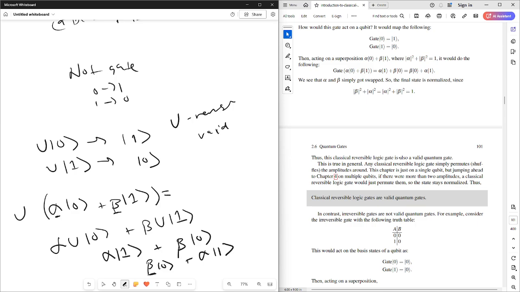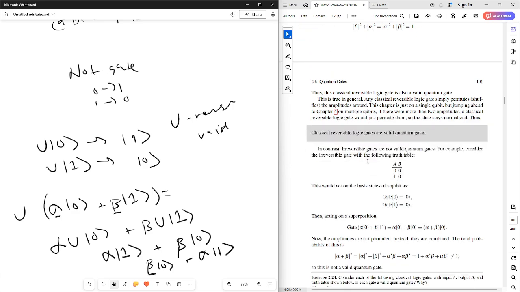So classic reversible logic gates are valid quantum gates. They just switch around. In this one, we just switched around the amplitude. So any classical reversible logic gate just kind of moves the amplitudes around.